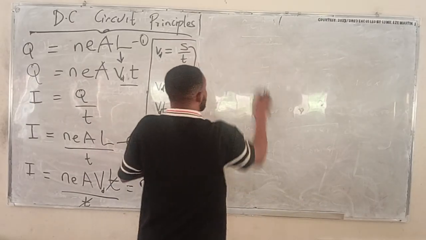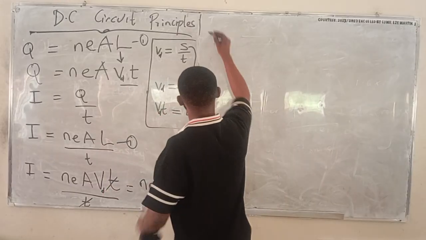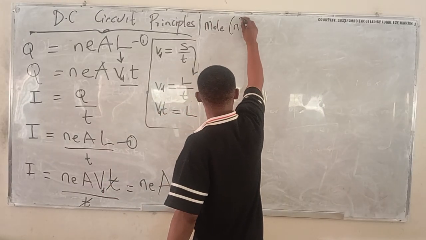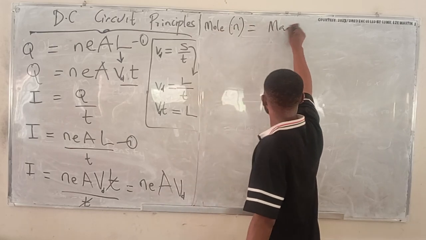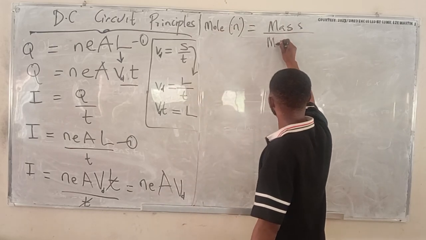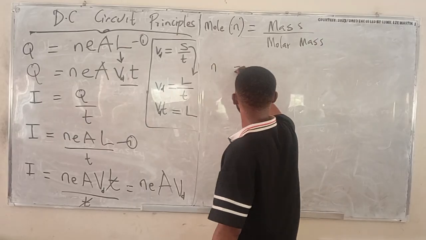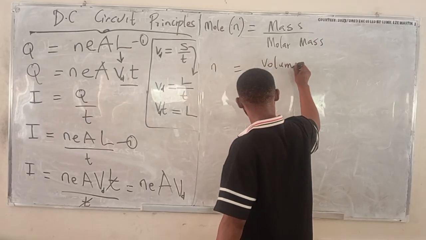So let's go back to secondary school and remember that n can be five things. Mole can be five things. We normally say mole, n, can be equal to mass over molar mass. n can be volume, but we are not dealing with volume here.